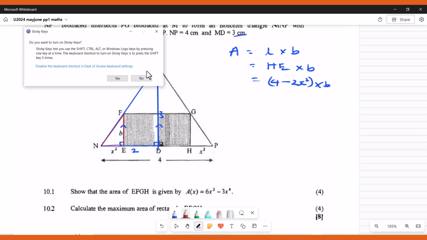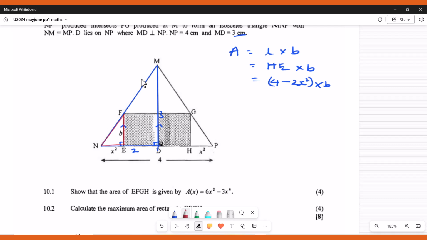Okay, so now I want to get my B because I need B here to get my answers. Now I'm going to use what we call the proportionality theorem. I can say that B divided by 3 equals x squared divided by 2.